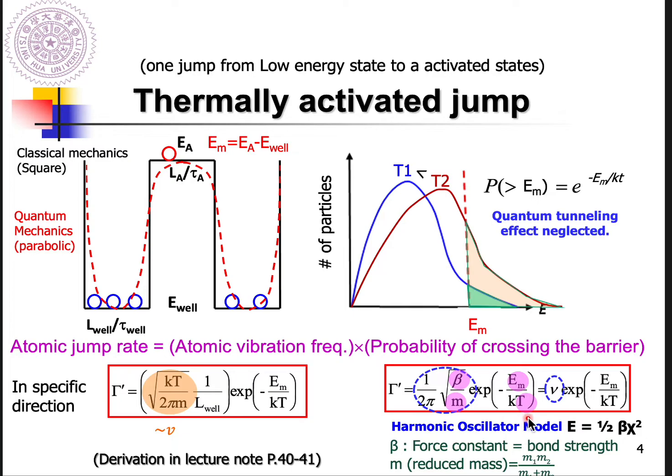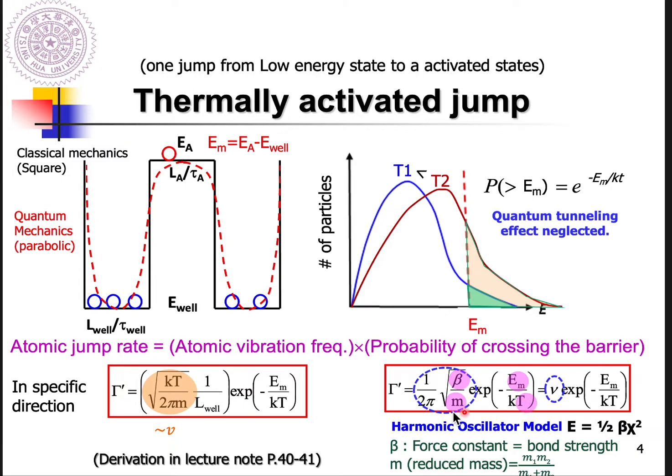So based on this, we know the atomic jump rate is associated with bond strength, reduced mass, and energy barrier of these materials. And the energy barrier is the migration energy barrier, right? And the working temperature, right?